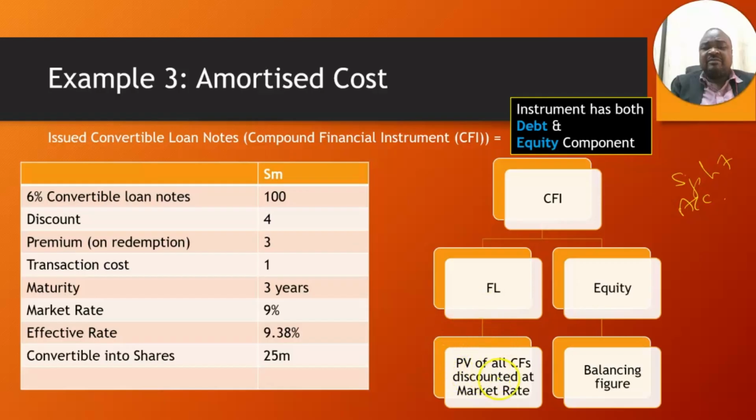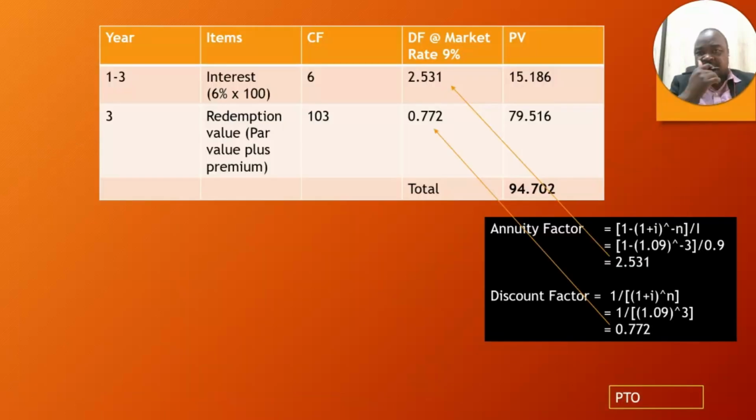So we need to have the present value of all cash flows discounted at market rate. This is when it comes to convertible loans, that's when we need to use the market rate to do the discount, right? So the market rate is going to be applied to discount the cash flows to present values. And when you do that, the balancing figure is going to be the equity component. So here we want to determine the present value of the instrument, the PV.